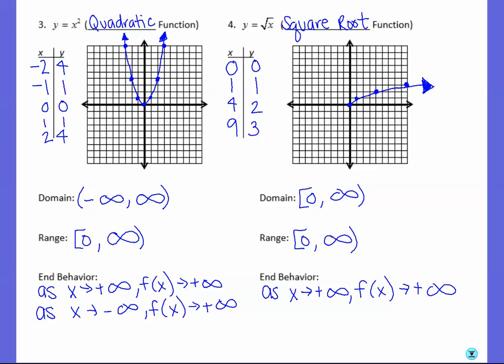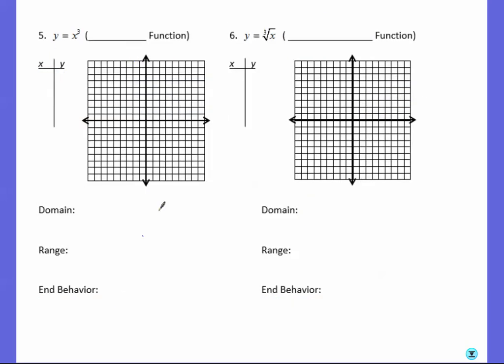All right, our last two functions are our cubic function and our cube root function. For our cubic function, we can go back to choosing -2, -1, 0, 1, and 2. And we're going to raise each of these to the third power to get our y values, which are -8, -1, 0, 1, and 8.